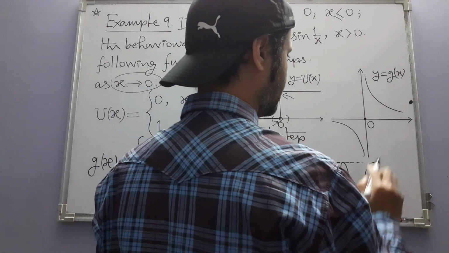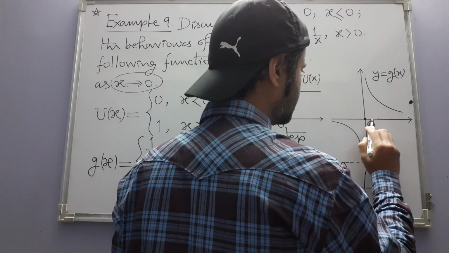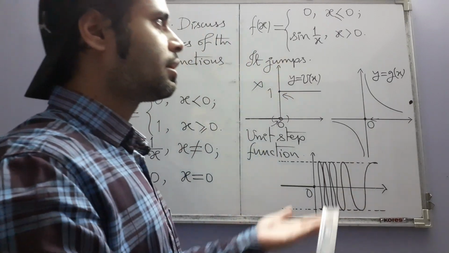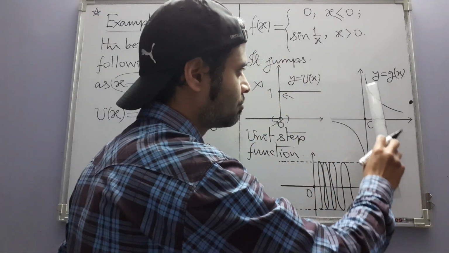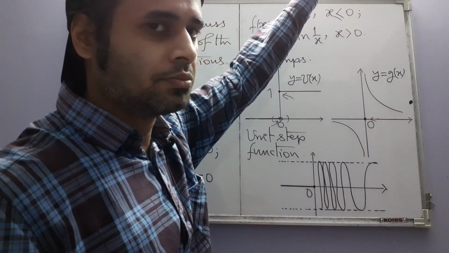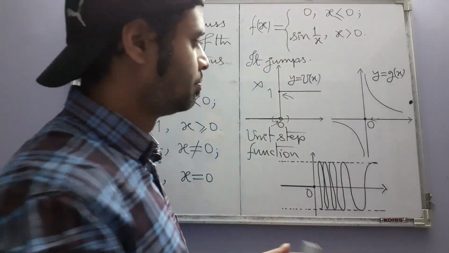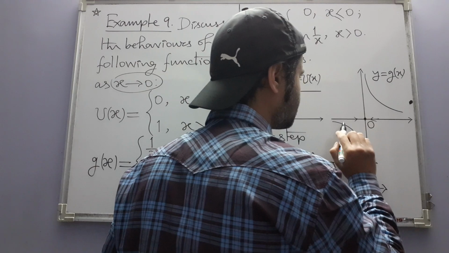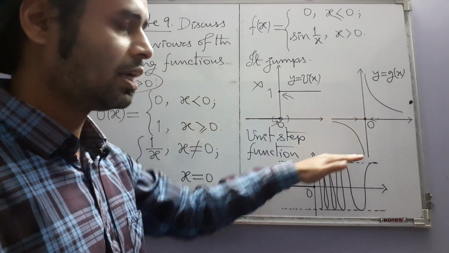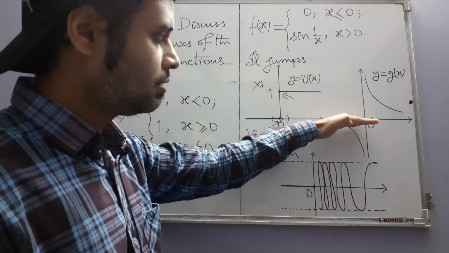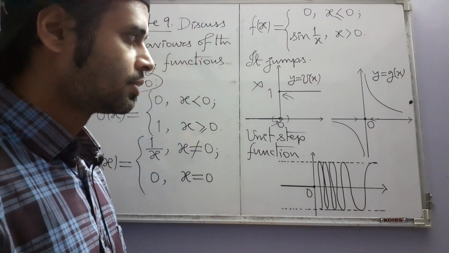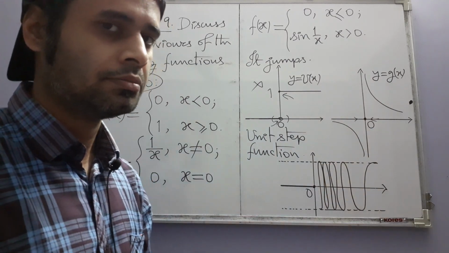In this case there is no limit, because as your x approaches 0 from the right side, the f of x value gets larger and larger without any bound, and that's why the graph goes like that. It goes towards plus infinity without ever stopping anywhere. Whereas as your x approaches 0 from the left side, it becomes very large negatively. It drops below the y-axis and it drops without any bound, as if it's falling in a bottomless pit.